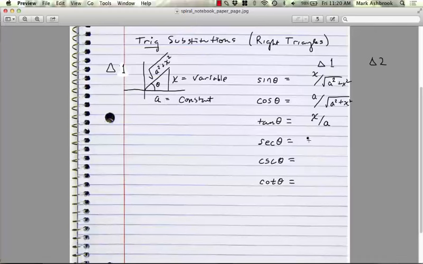Just the reciprocal, or hypotenuse over adjacent. Cosecant is 1 over sine, so it's hypotenuse over opposite. And cotangent is a over x, 1 over tangent, or adjacent over opposite.